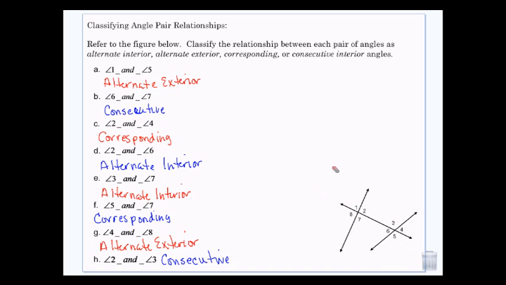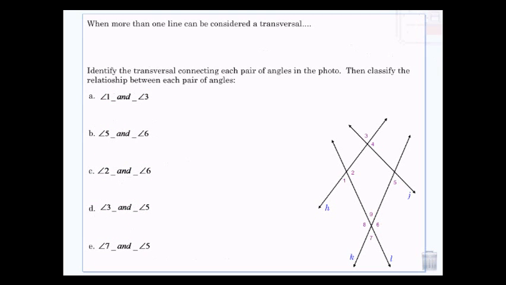Okay, so sometimes more than one line can be considered a transversal. When that happens, you want to identify the transversal for the pair of angles you're talking about.